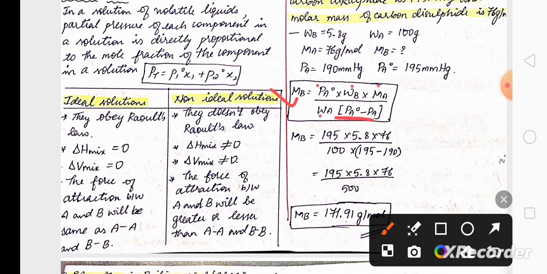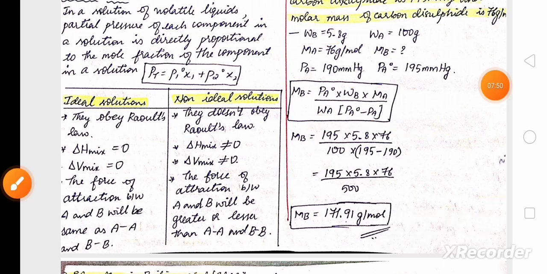Pa0 is the vapor pressure of pure carbon disulfide, and Pa is the vapor pressure of solution after adding 5.8 grams of solute. After substituting the given values and calculating, you will get the correct answer, and the molar mass unit should be grams per mole.